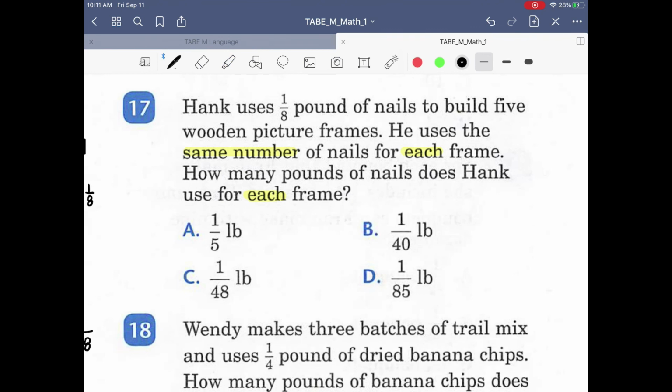So if he uses 1/8 of a pound for 5 frames, we're going to divide that 1/8 5 ways. So each of the frames is using 1/40 of a pound. So the answer to number 17 is B.